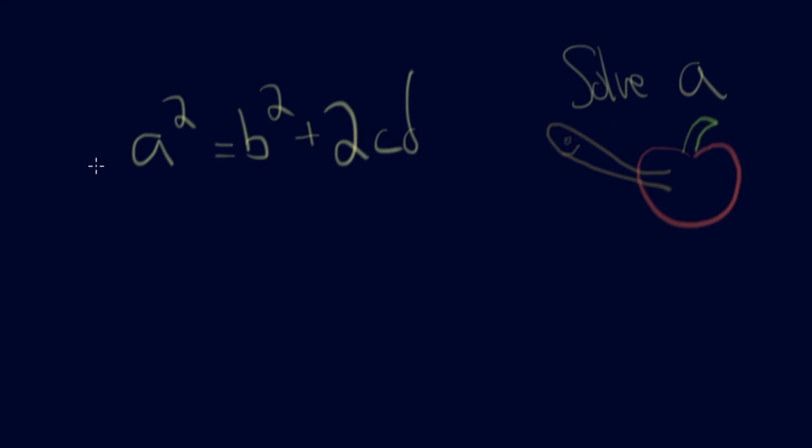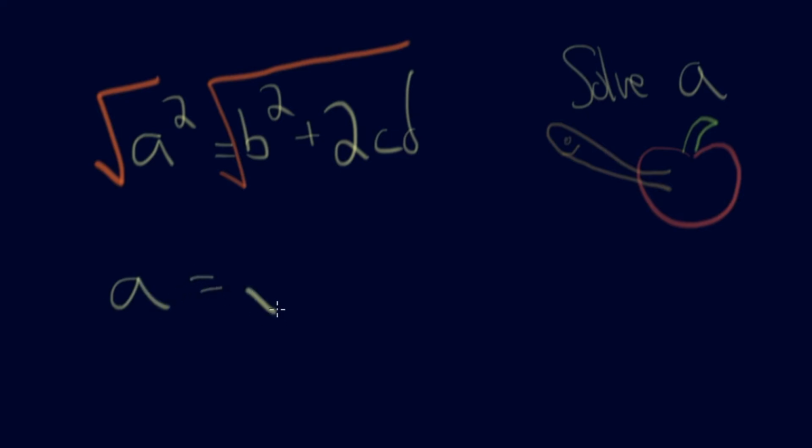I'm going to just do the opposite of squaring, which is square rooting. If I square root a squared, I just get a. So now a is equal to the square root of b squared plus 2cd. Done. That was easy. All right, next one.